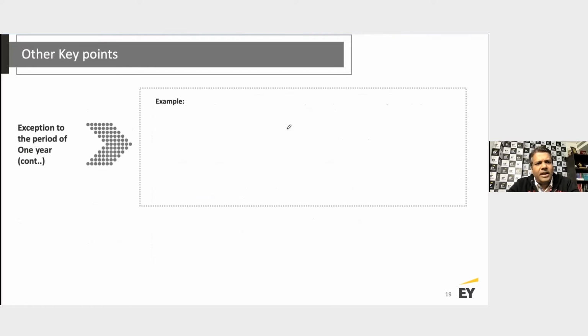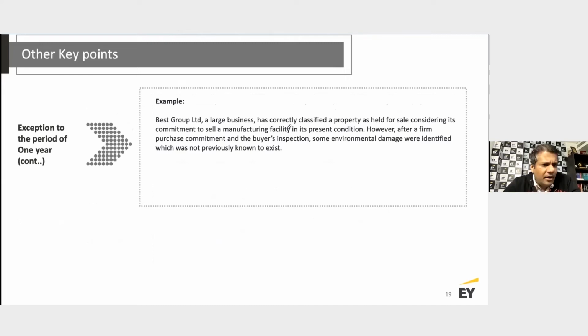Okay, let's look at some more perspective on this exception to the 1 year period with the help of an example. So what is this example saying? Best Group Limited, a large business, has correctly classified property as held for sale, considering its commitment to sell a manufacturing facility in its present condition.